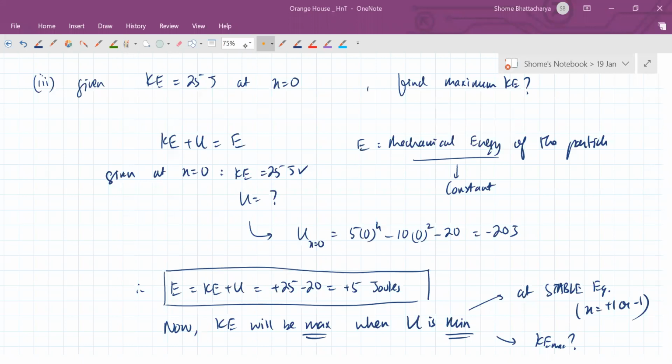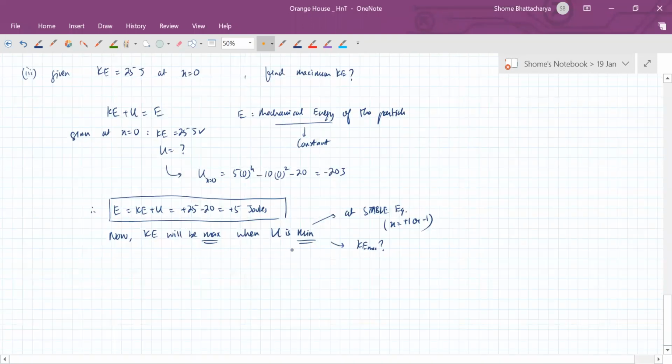Yes, that's correct. Okay. So we seen earlier that minimum potential energy was equal to minus 25 joules at x equal to plus 1 and x equal to minus 1. So this minimum potential energy plus the maximum kinetic energy should be equal to the total mechanical energy, which we've seen as 5 joules.